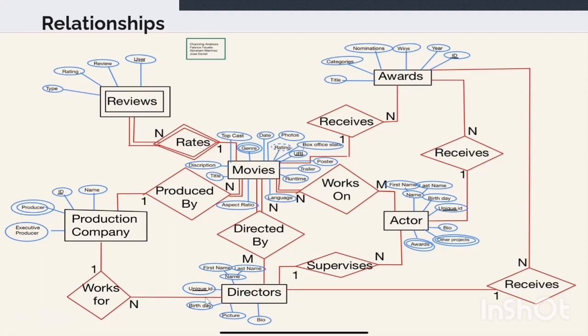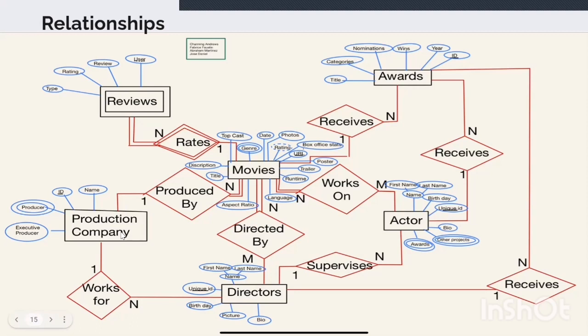Then we say the directors and production company. So a director might or might not work for a production company, might be hired by a different entity, or a production company might or might not hire n number of directors.